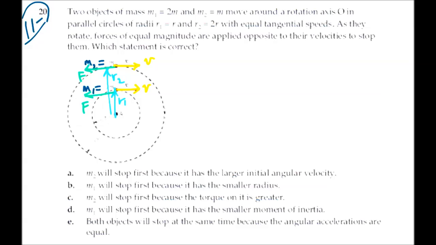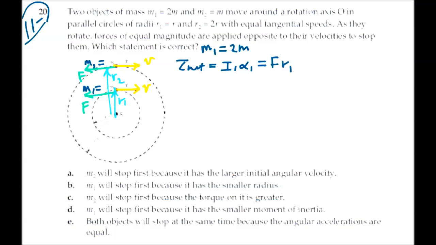So if we were to consider mass m1, which is equal to 2m, then we would say that our net torque is equal to moment of inertia 1 times angular acceleration 1 by Newton's second law, and that should equal our force F times moment arm r1.